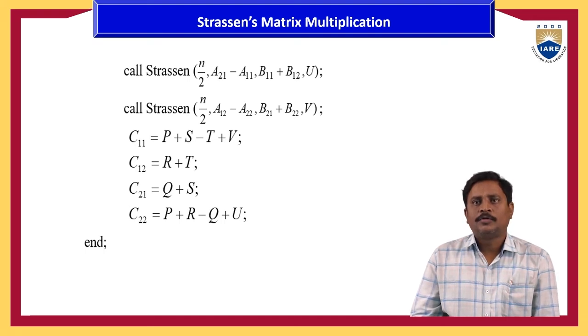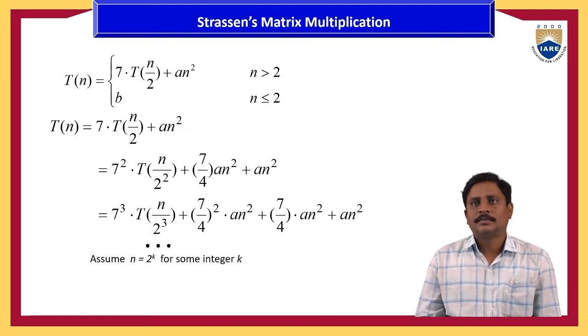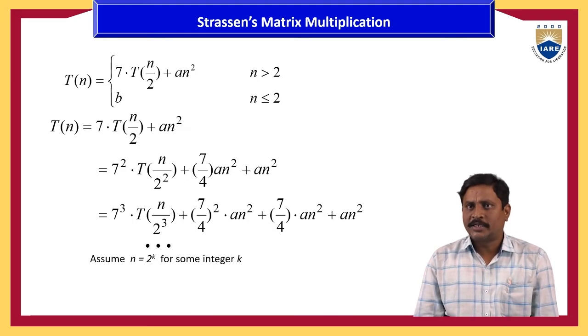Finally, using the C11, C12, C21, C22 formulas, we calculate all 4 values in the resultant matrix. Next, the time complexity of Strassen's matrix multiplication.